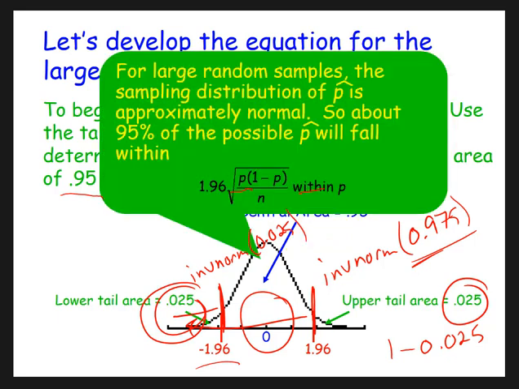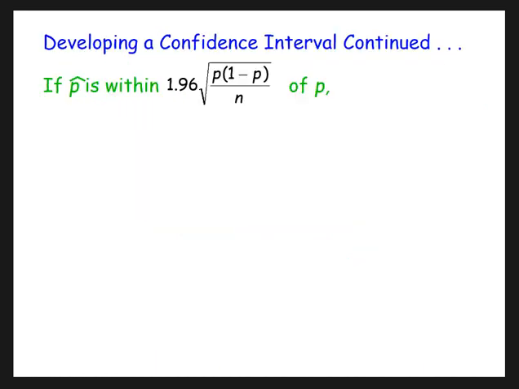So for a sampling distribution for a proportion, remember, the standard error, or the standard deviation of the sample proportions, is the square root of p times 1 minus p over n. We'll multiply that times that z-score of 1.96. This is going to give us something called our margin of error.